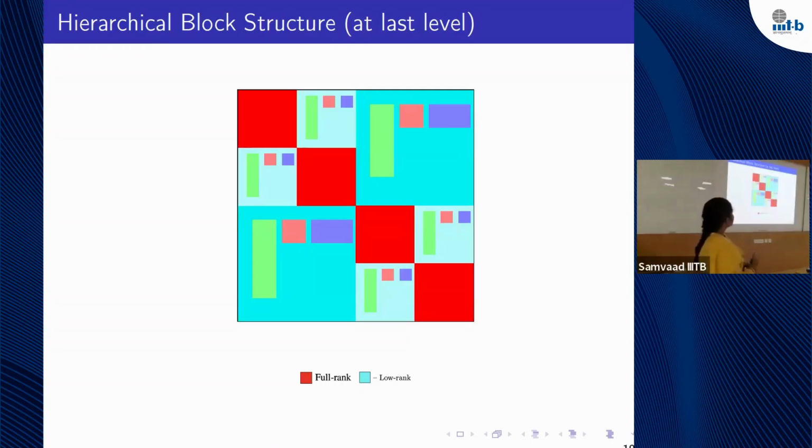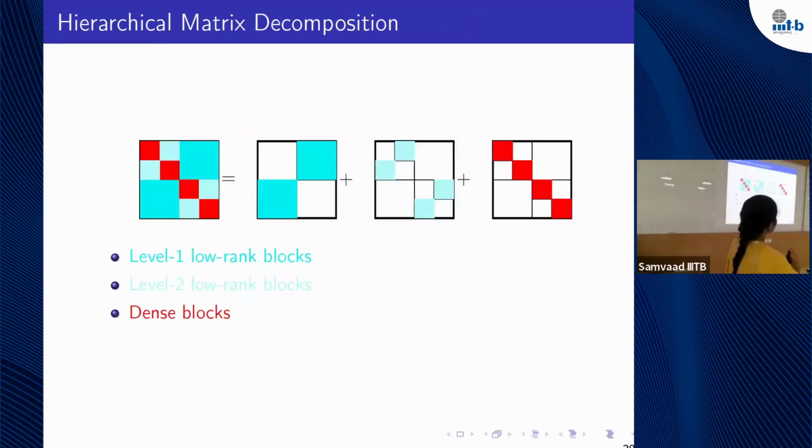Similarly here. So wherever there is a low rank, memory wise, the complexity gets reduced because the number of terms in U S V transpose is lower compared to the total number of terms in this matrix. So that is the way I store it in the computer. And now let's look at the time complexity of matrix vector product using this structure.